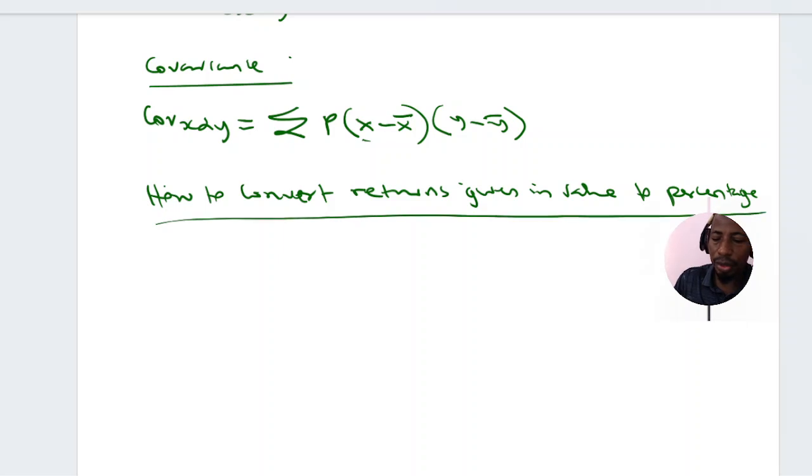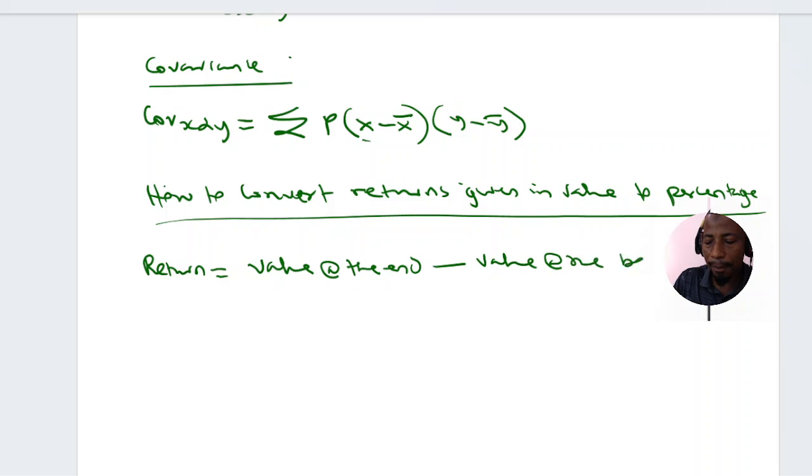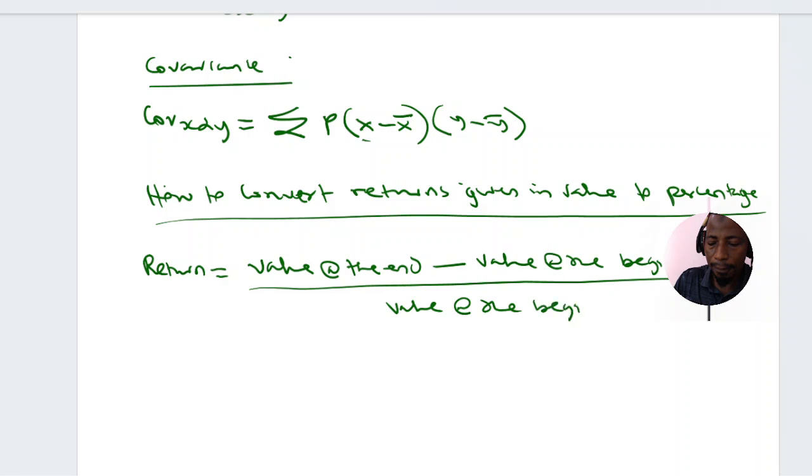To convert the return, depending on the state of nature given, the return will be computed as value at the end minus value at the beginning, over value at the beginning, all multiplied by 100 over 1.